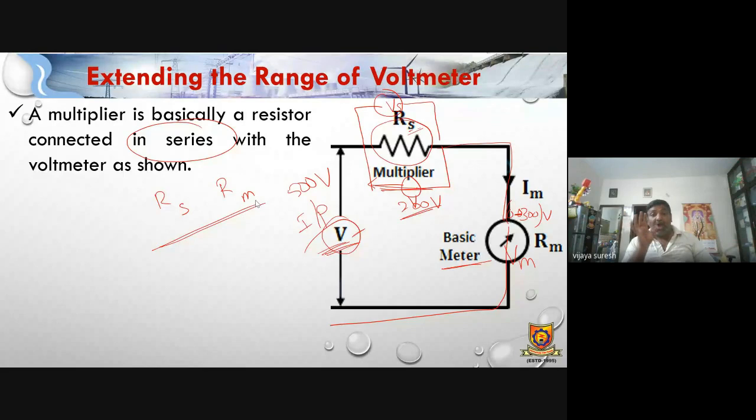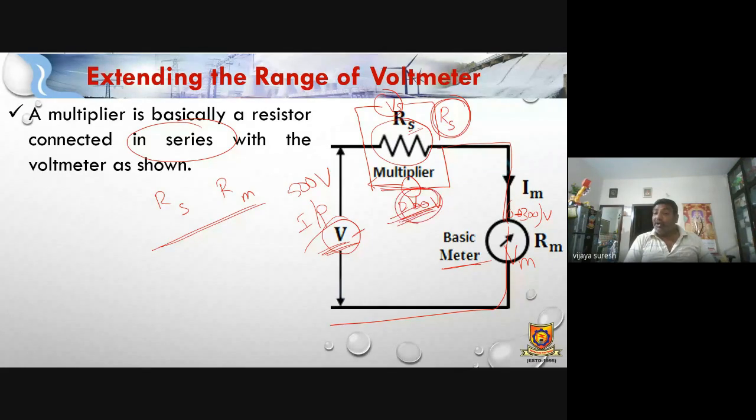It should block the maximum voltage. As you said is correct. RM should be high. Sorry, RS is more. So the maximum amount of voltage it is going to block at the multiplier itself. We are going to block the maximum amount of voltage at the multiplier. So if RS is more, then a more amount of voltage can be blocked here.